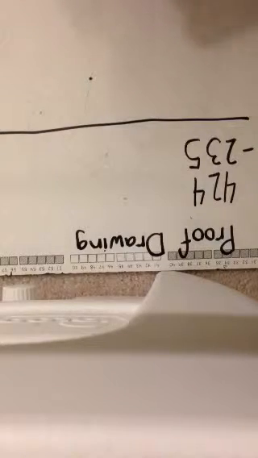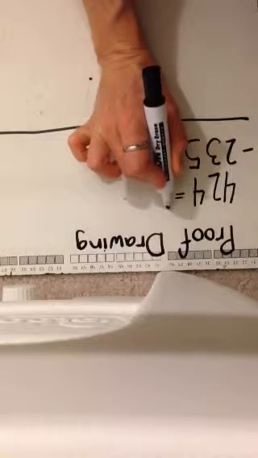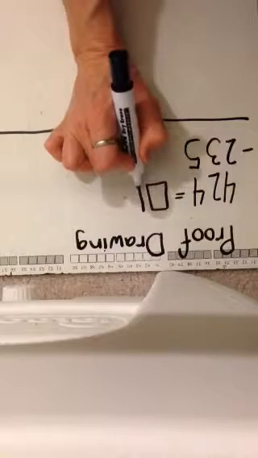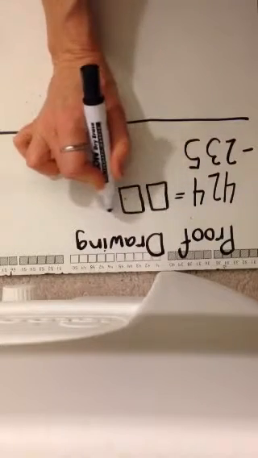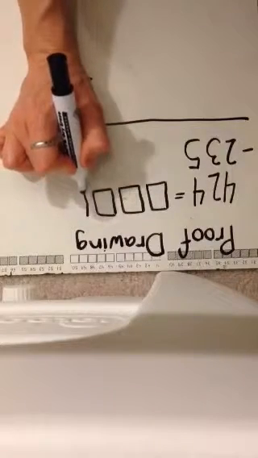Now when we're using a proof drawing, boys and girls, we are first going to use flats, then sticks, then stones. So how many flats or hundreds are in 424? That would be 4. 100, 200, 300, and 400.